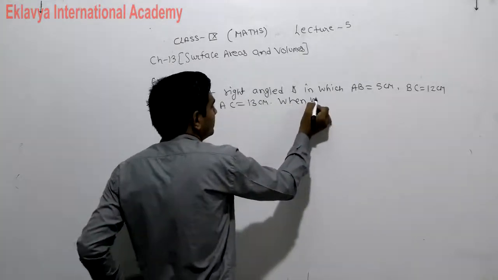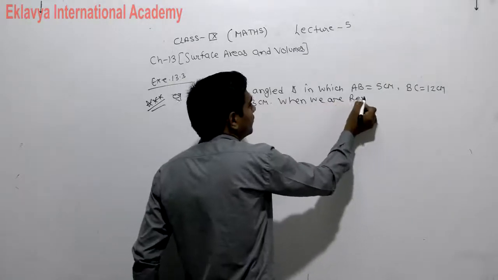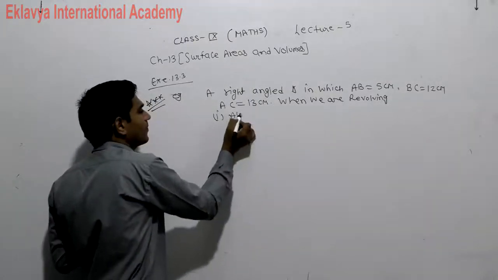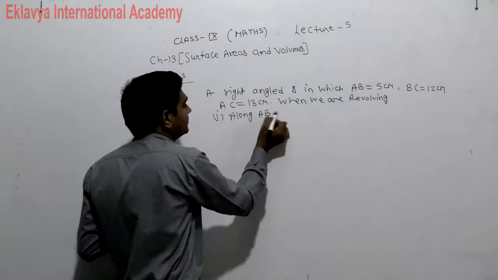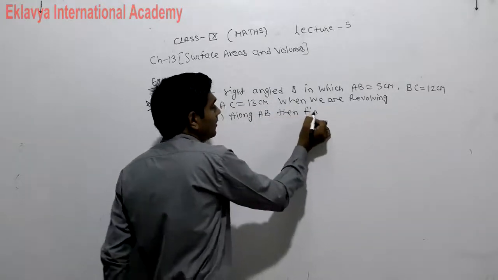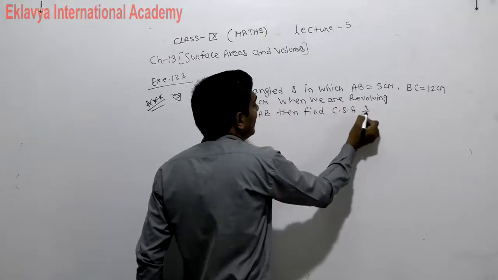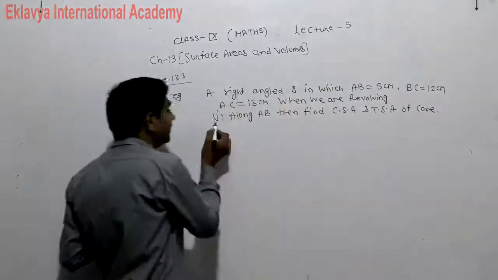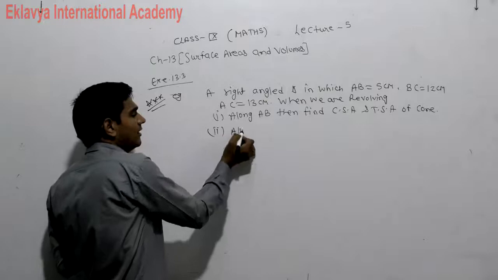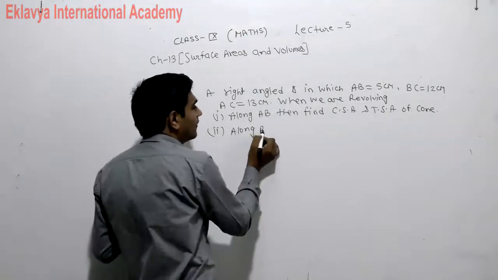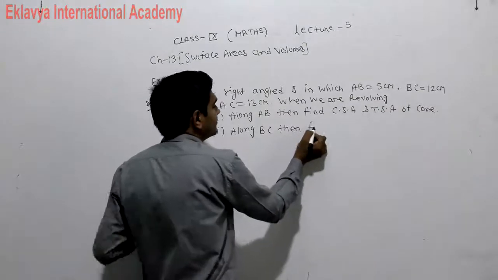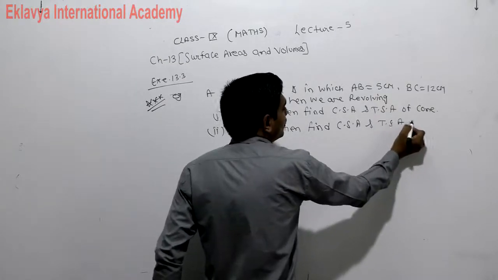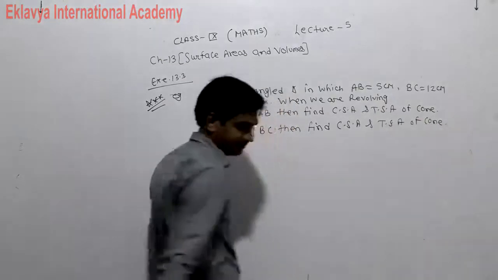When we are revolving, first, along AB, then find CSA and TSA of the cone. And second, when we are revolving along BC, then find curved surface area and total surface area of the cone.